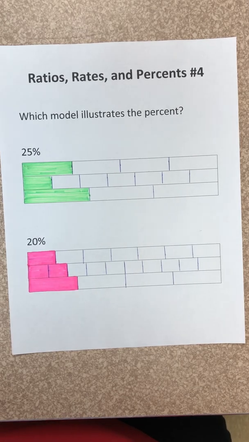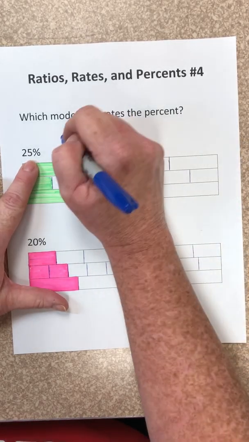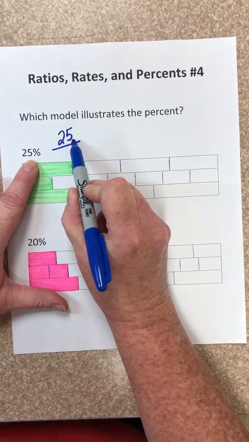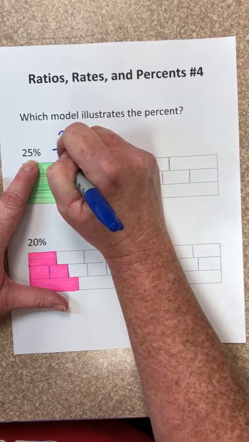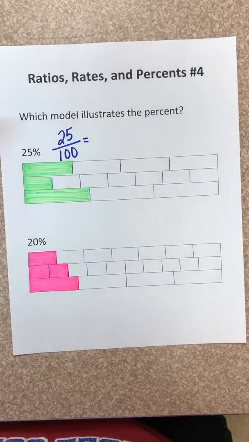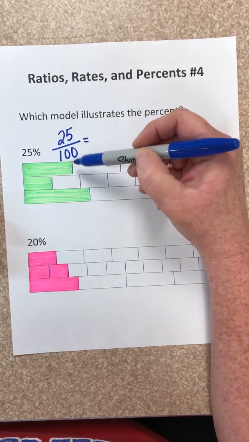Well, I would recommend that we take the 25% and turn it into a fraction. So I take the 25, I take off the percent sign, put 100 under it. But notice I don't have 100 boxes like I did in the previous examples. So what I need to do is now simplify.